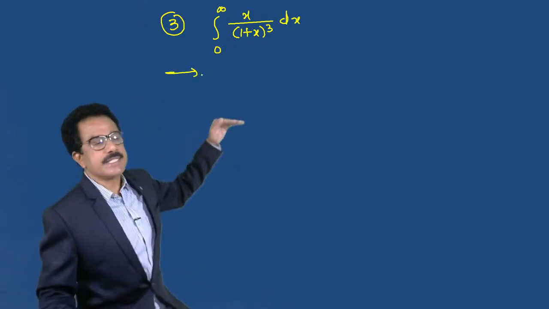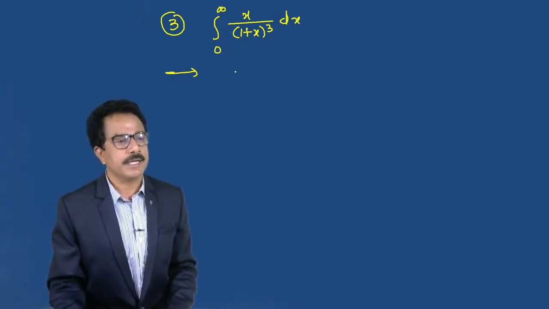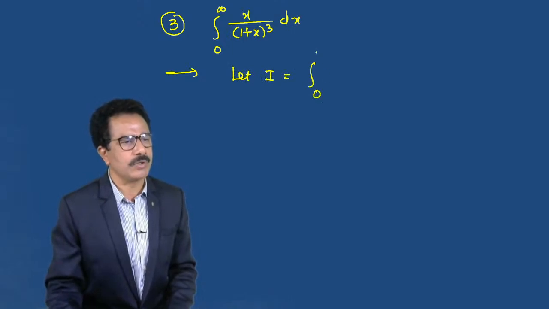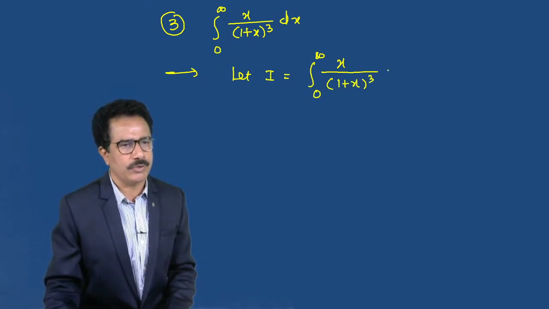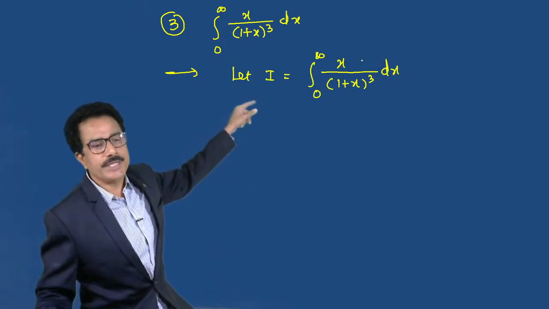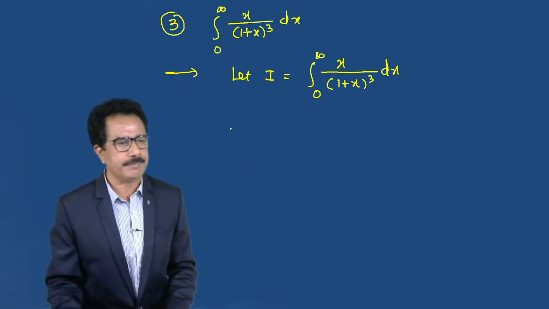Now we shall discuss the integral of this function. Here let I is equals to integral from 0 to infinity x divided by 1 plus x bracket cube dx. Student, now you tell me at which point this integral is improper.